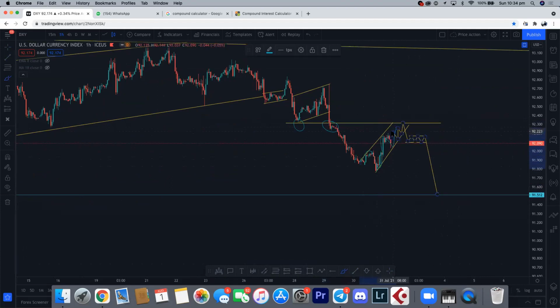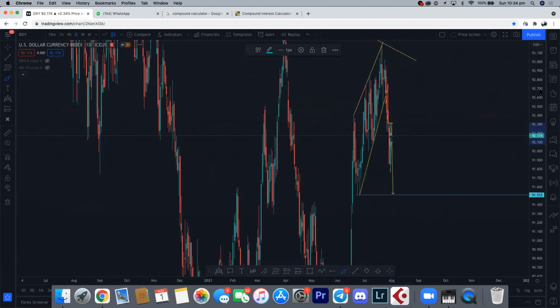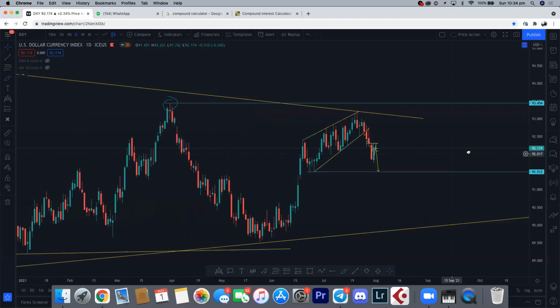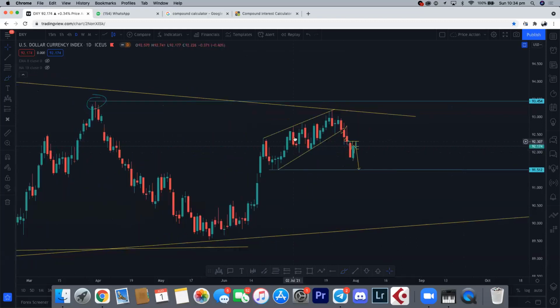This is a correction. So what I'm expecting from the DXY is for it to give me a reversal move like this and break down and continue to fulfill this reversal type of move. If you guys can see it, this was a reversal. As you can see, we have an arc here, an arcing nature to show that it's going to do a double top. But what did it do? It didn't confirm it.